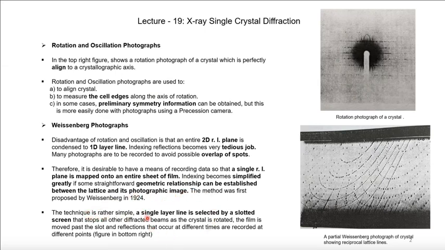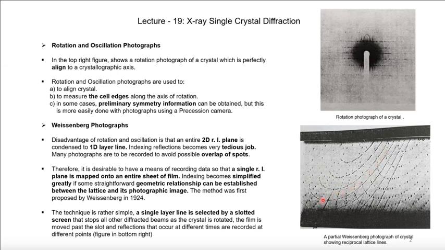The technique is rather simple. A single layer line can be selected by slotting a screen, and then we take the whole single layer. You can see this is a single layer, an upper layer photograph, and we can collect single layer reciprocal lattice planes.